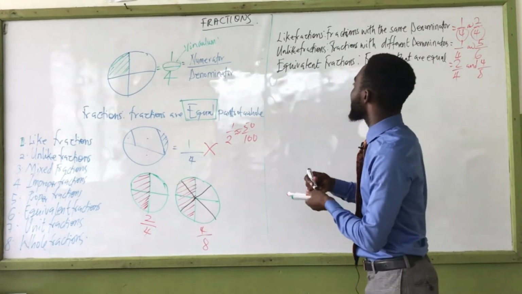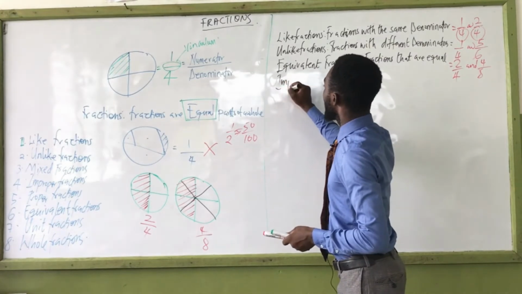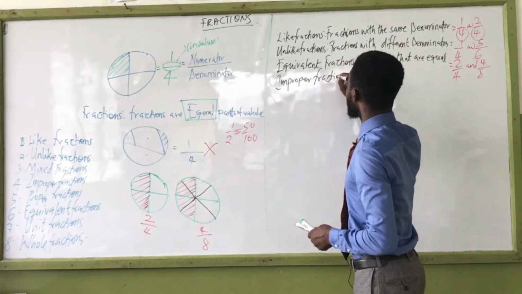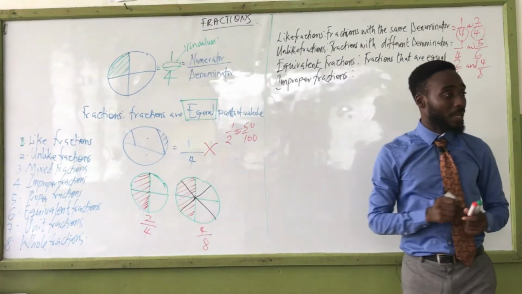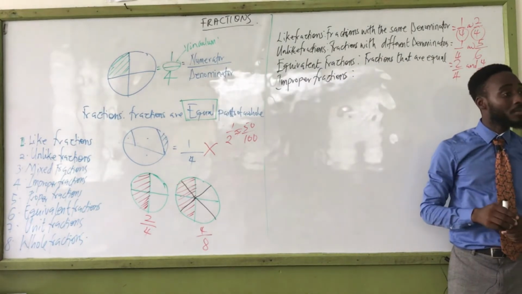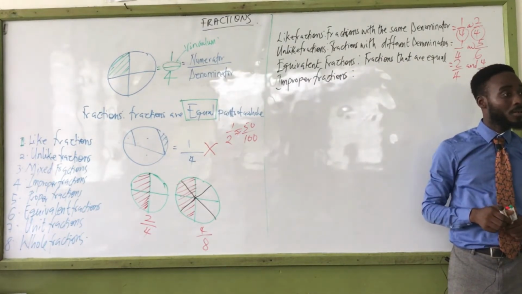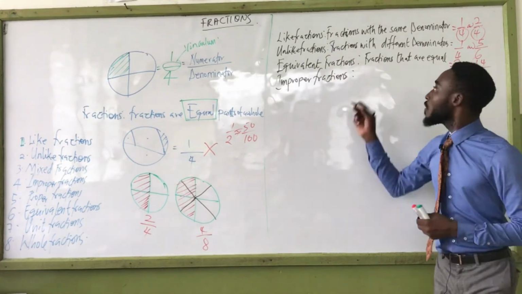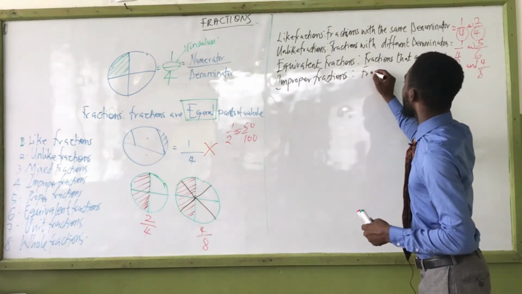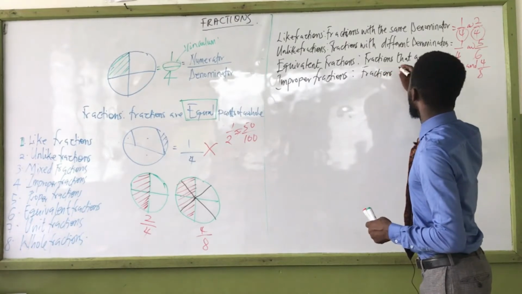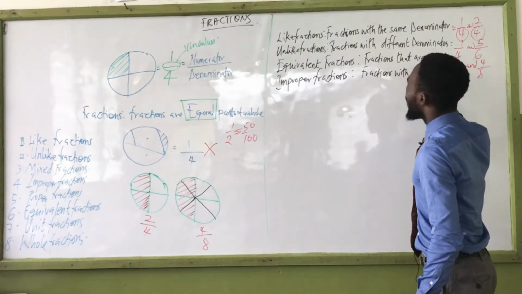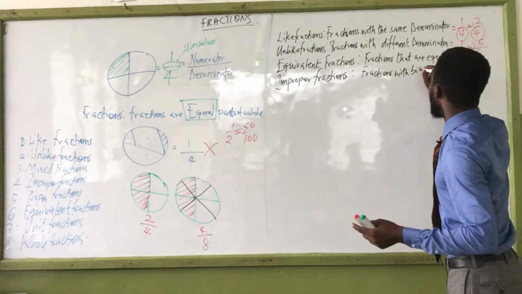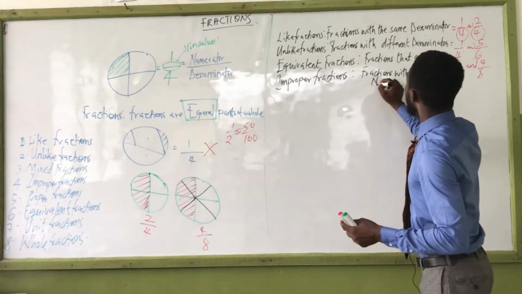Improper fractions. Good. What are improper fractions then? Fractions with bigger numerators.